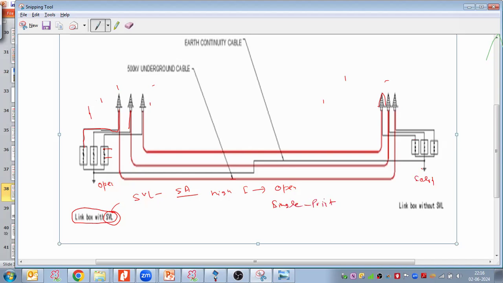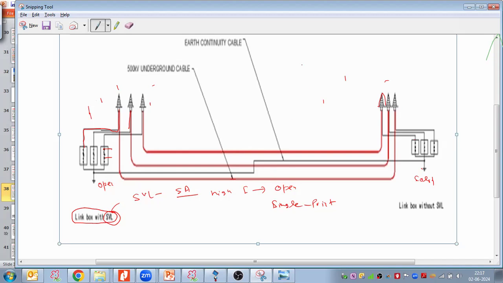If it is an example of solid bonding, in that case delete the SVL, do the direct grounding, and then both ends are earthed.